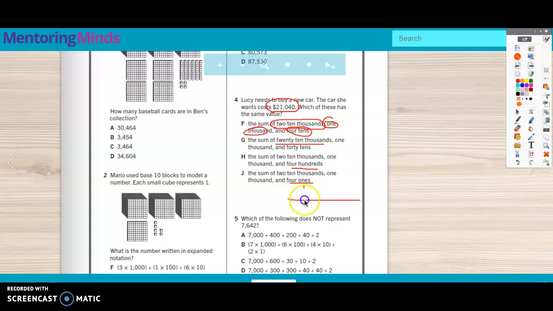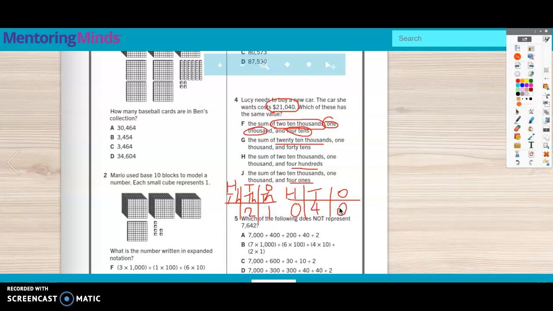Again, using your place value charts really helps you. You can try to fit it in your place value charts, and it doesn't take too much time to draw it. 21,040, so you have a 2, a 1, a 0, a 4, and a 0.